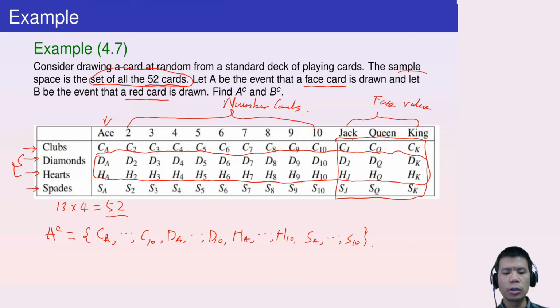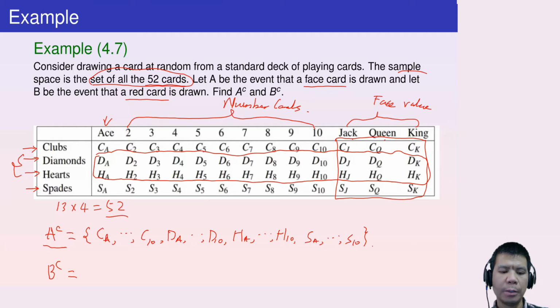So this is the set of all the outcomes that is not a face card. That is the complement of A. It consists of the outcomes that are in the sample space, but not in A.